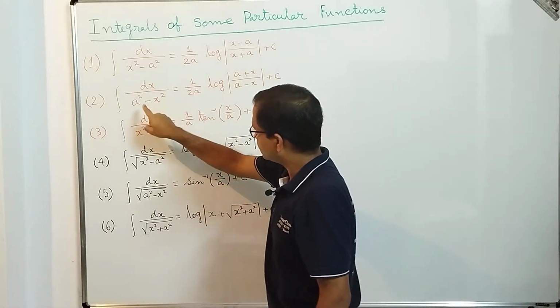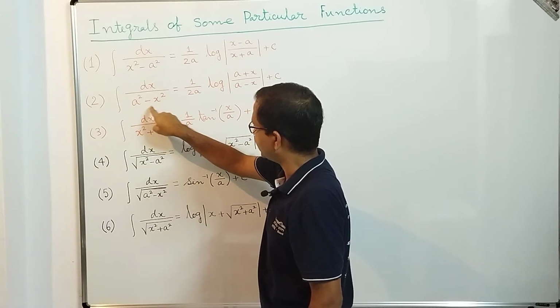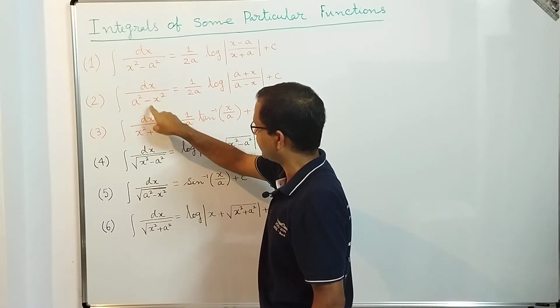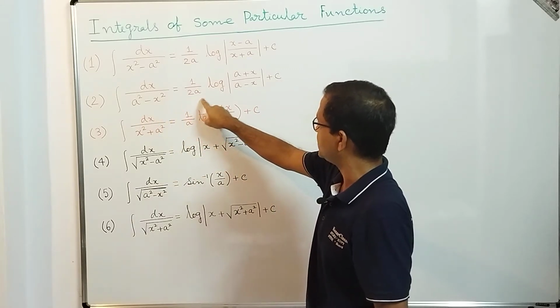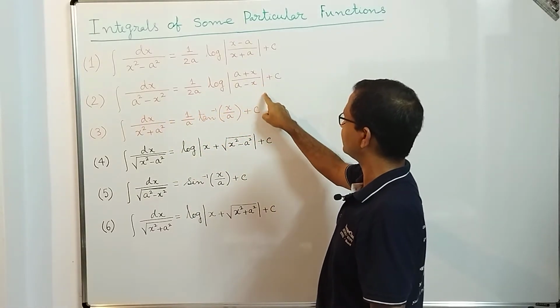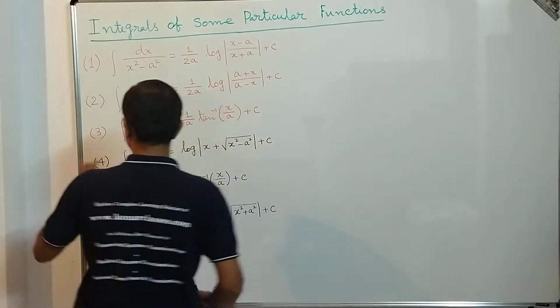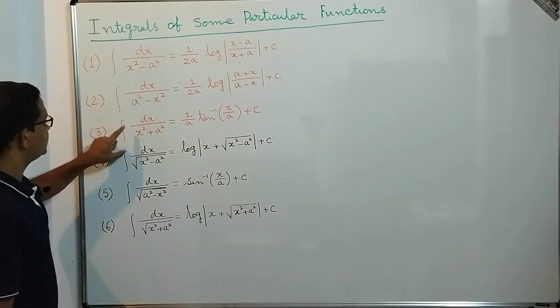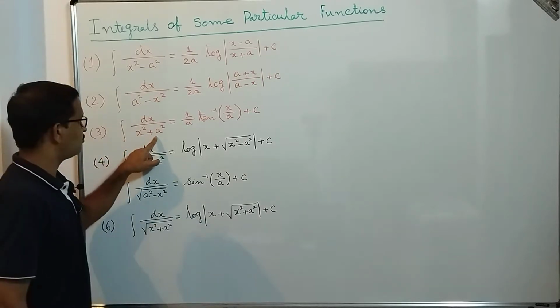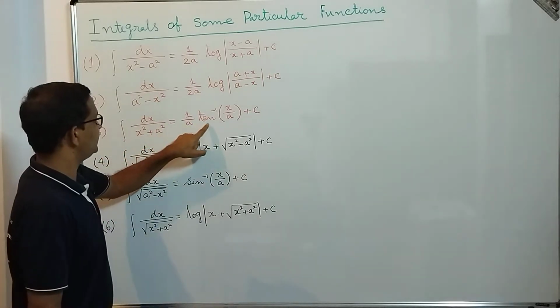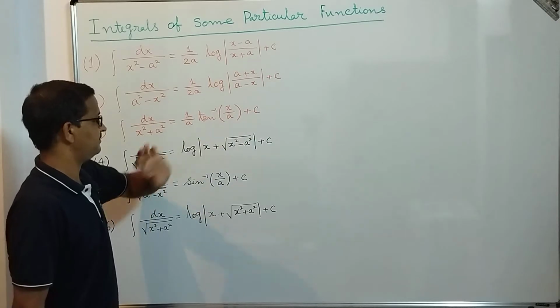When you change it to a square minus x square, that is dx by a square minus x square, it is equal to 1 by 2a into log of mod a plus x by a minus x. The third one is dx by x square plus a square, which is equal to 1 by a into tan inverse of x by a plus c.